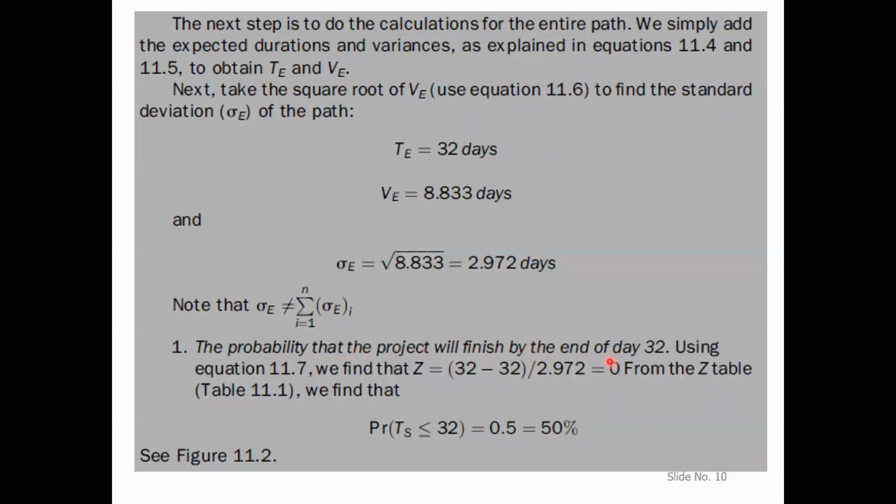So the probability that the project will finish by the end of 32: TS is 32, and TE is incidentally also 32. So 32 minus 32, divided by 2.972, of course, will be 0. For this value of 0, it means it lies exactly in the center of the normal distribution curve, because Z shows the difference from the center, the difference from the mean, for the normal distribution curve.